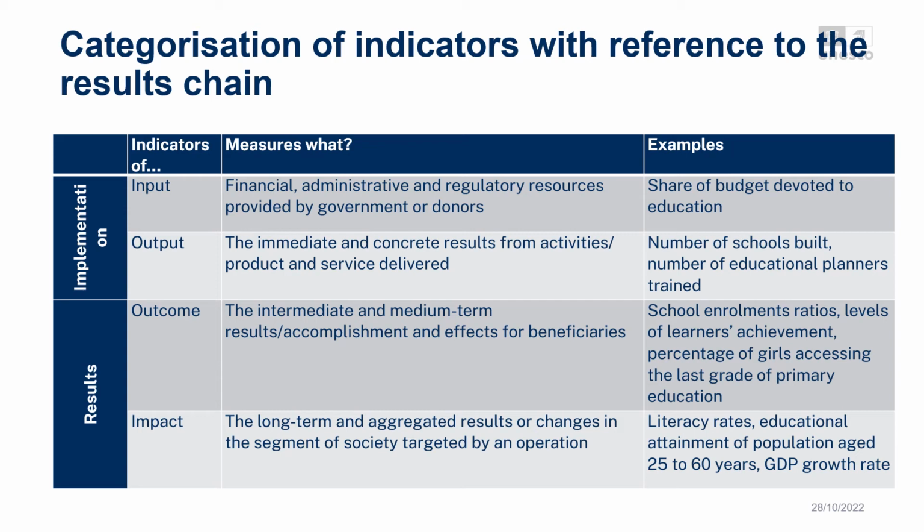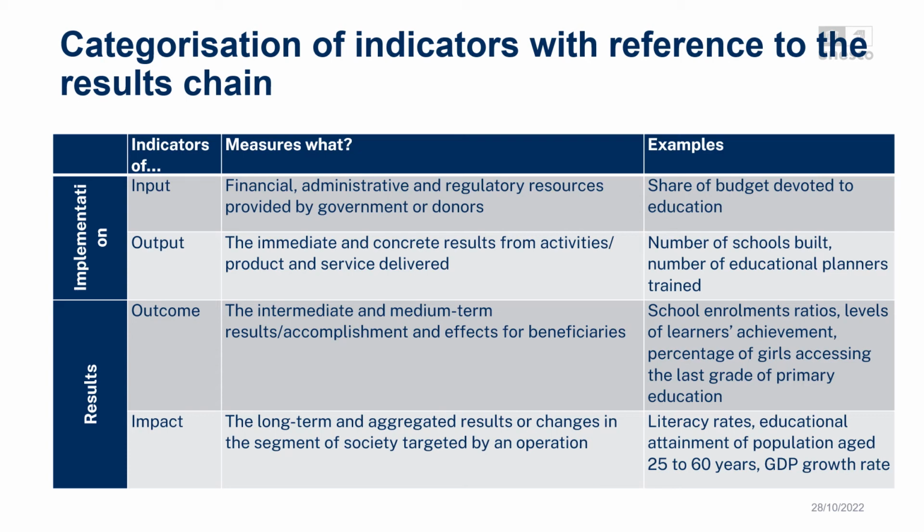For example, number of schools built or number of educational planners trained. Indicators of outcome measure the intermediate results or consequences of outputs at the level of the beneficiaries. This could include, for example, school enrollment and levels of learners' achievements.